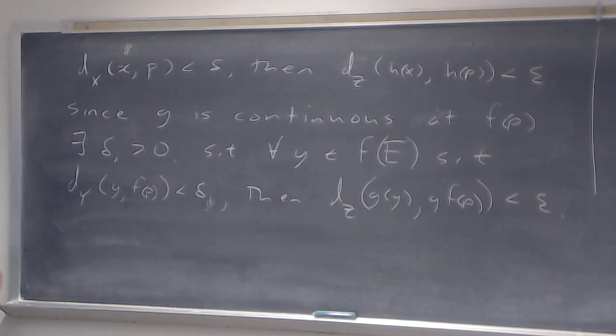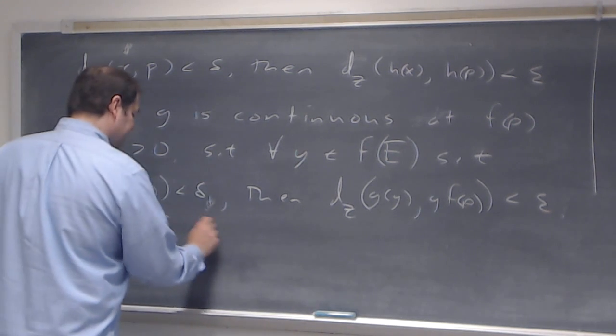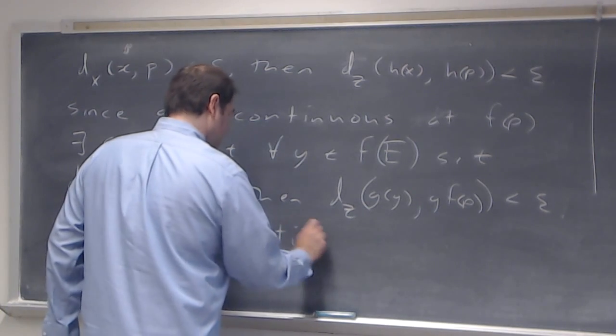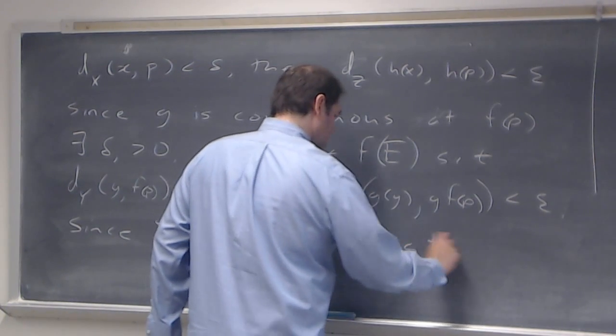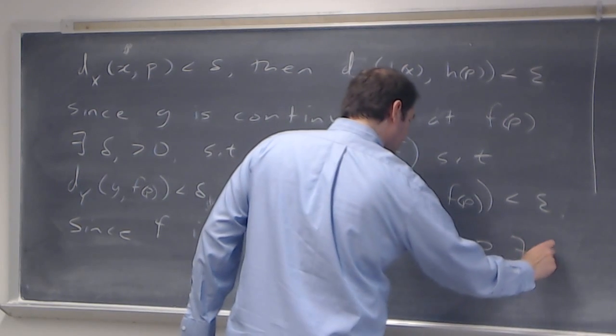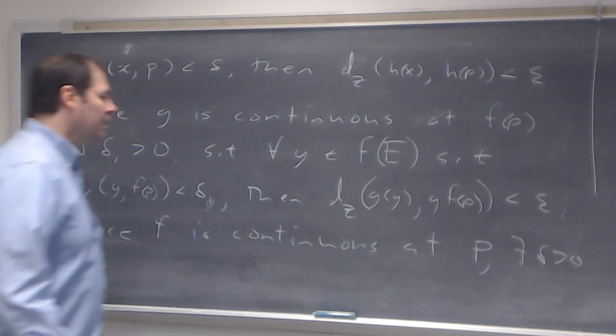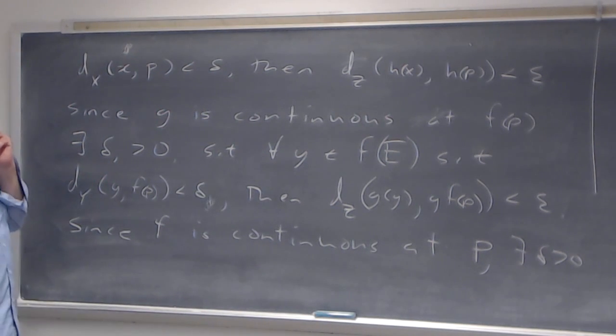Well, we can now turn to F and say, well, since F is continuous at P, there exists a delta, that's the delta I need, that's greater than 0. Now, what is being said by the previous line?